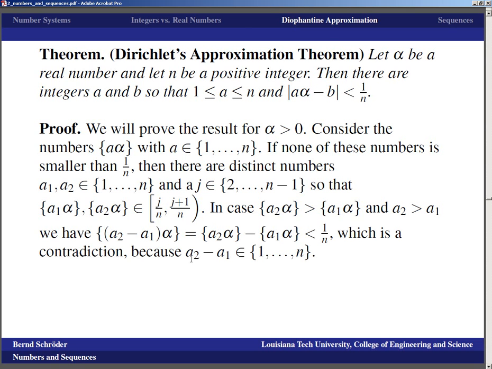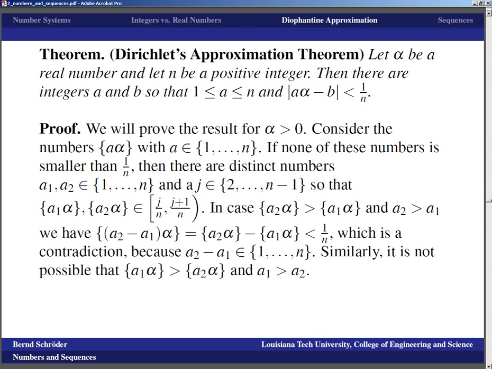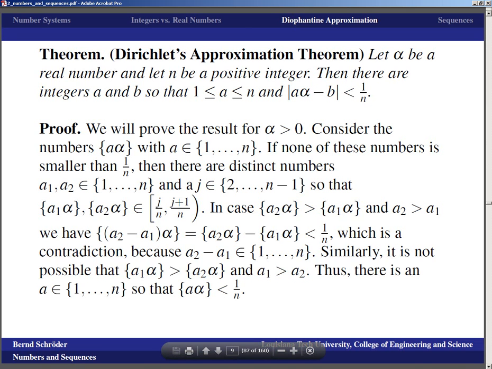And that's a contradiction, because a2 minus a1 is in the set 1 through n, since those two numbers are different from each other, but neither one of them is bigger than n. Similarly, it's also not possible that a1 alpha is greater than a2 alpha and a1 is greater than a2. And so that means we must have an a between 1 and n so that the fractional part of a alpha is smaller than 1 over n.